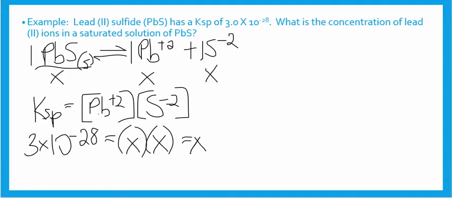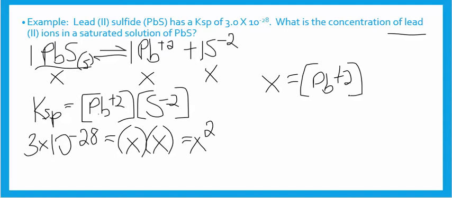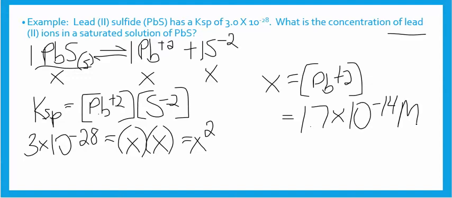So that would be x squared equals 3 times 10 to the negative 28th. I'm trying to solve for the concentration of lead. Well, lead is x. So simply take the square root of 3 times 10 to the negative 28th to get lead concentration, 1.7 times 10 to the negative 14th molar.